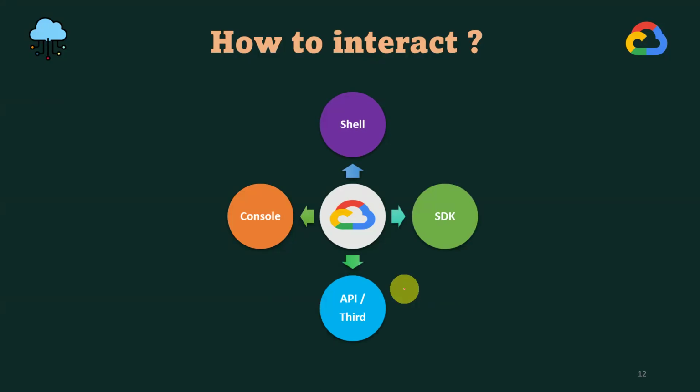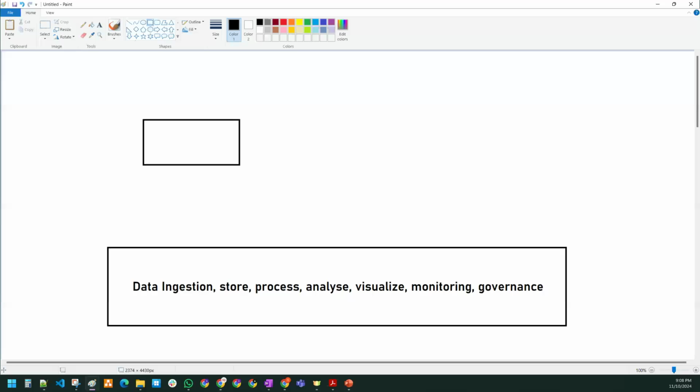The fourth one is APIs and third-party tools. So if one wanted to interact with the GCP services, there are four methods: console, Cloud Shell, Cloud SDK, and third-party tools and APIs. Let us try to understand each and every method one by one.